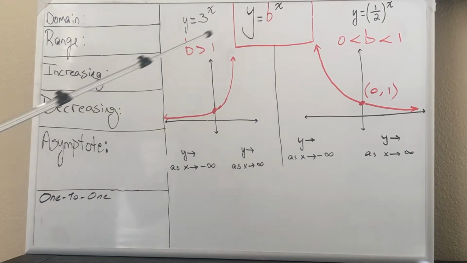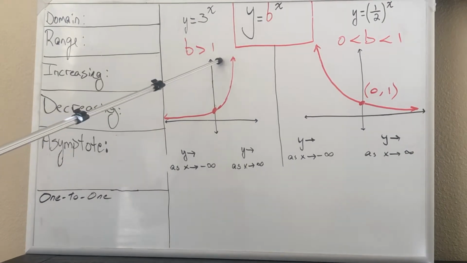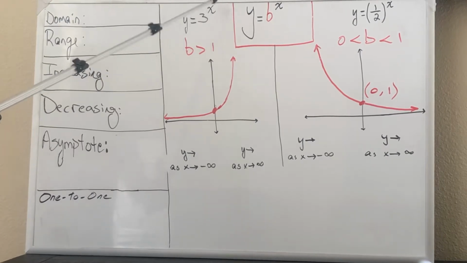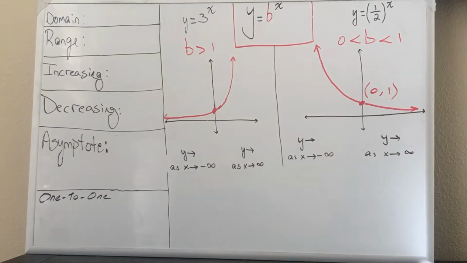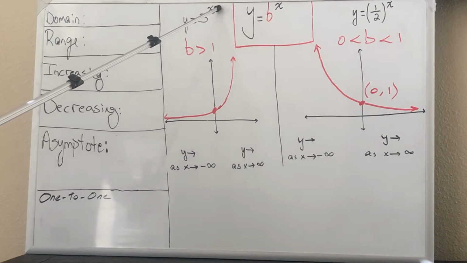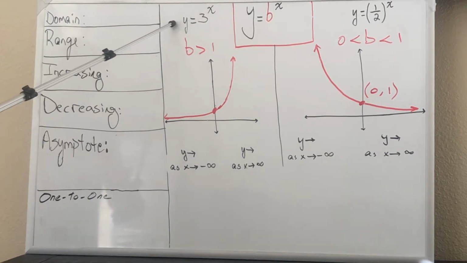If b is a number greater than 1, for example, if b is 3 and our function is y is equal to 3 to the power of x, that exponential function is an increasing function, which means as the value of x increases, the value of y also increases.